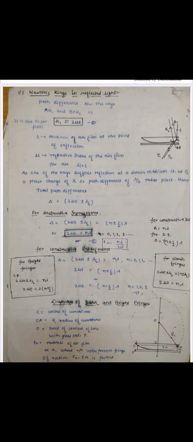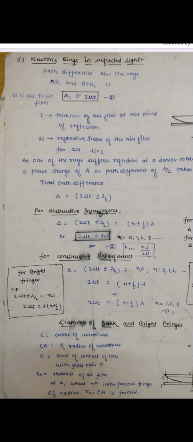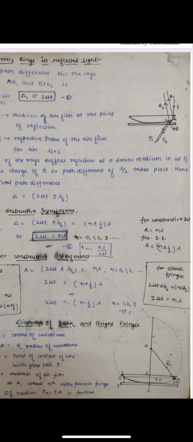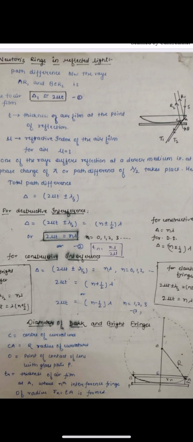Okay. Now we will derive the formula for the diameter of dark and bright fringes. You can see the diagram. Here capital R is the radius of curvature of the plano-convex lens and C is the center of curvature. Point O is the point of contact of the lens with the glass plate P. tn is the thickness of the air film at a particular point.